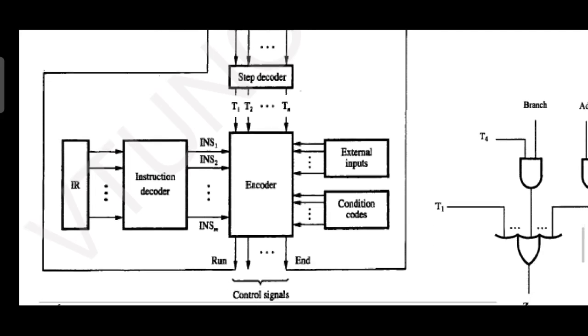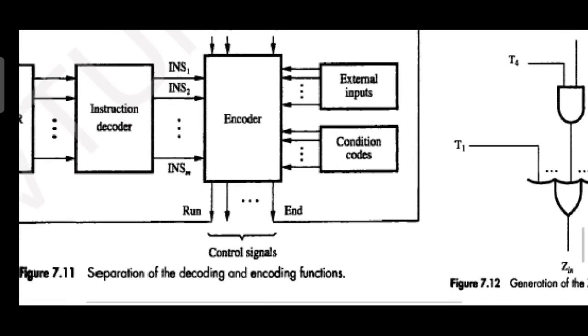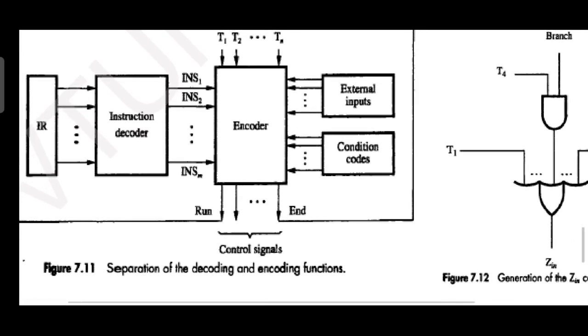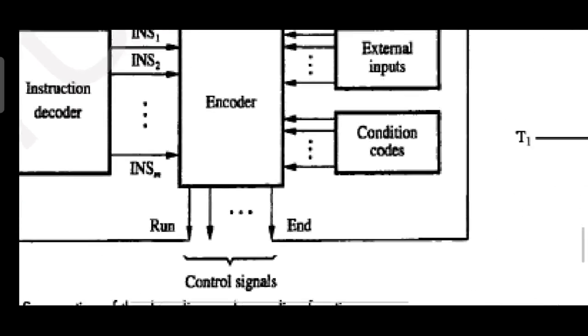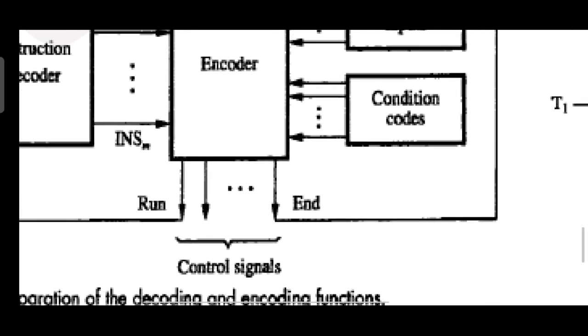And finally, this is the outcome, the control signal. Here the outcome is at the bottom, you can see, control signal. Here we get the control signals as I told you earlier, R1 in, R3 out, Z in, Z out, select 4 or select Y, whatever the control signal is, it will be generated in the particular sequence.